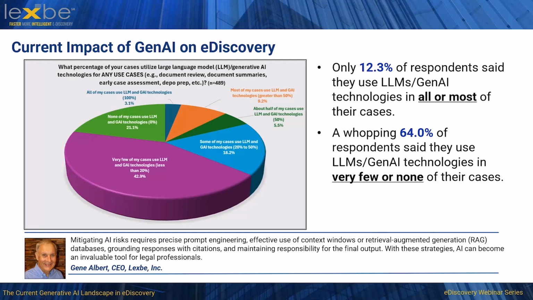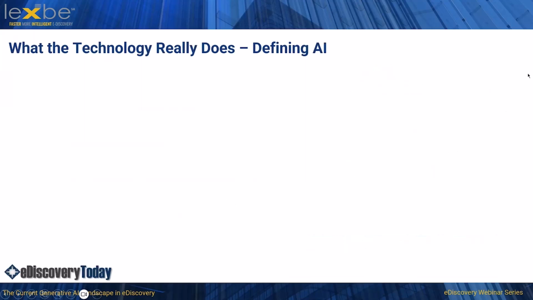I mentioned hallucinations, so before we go any further, let's define some terms for those who may not be fully aware of them. And let's start with a term that's often misunderstood, AI, or artificial intelligence. Here's one definition of AI.